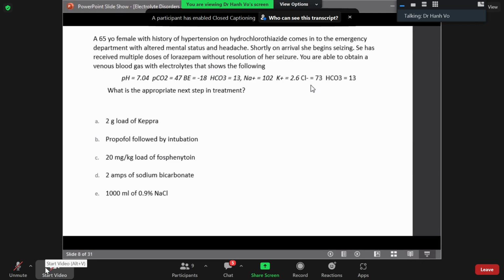So, what is the next step in the treatment? Should we load 2 grams of Keppra, give propofol, give fosphenytoin, give sodium bicarbonate, or just give fluid?